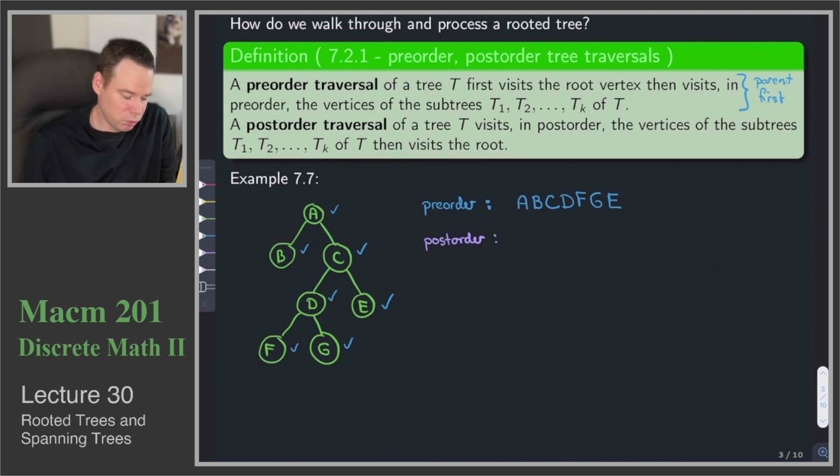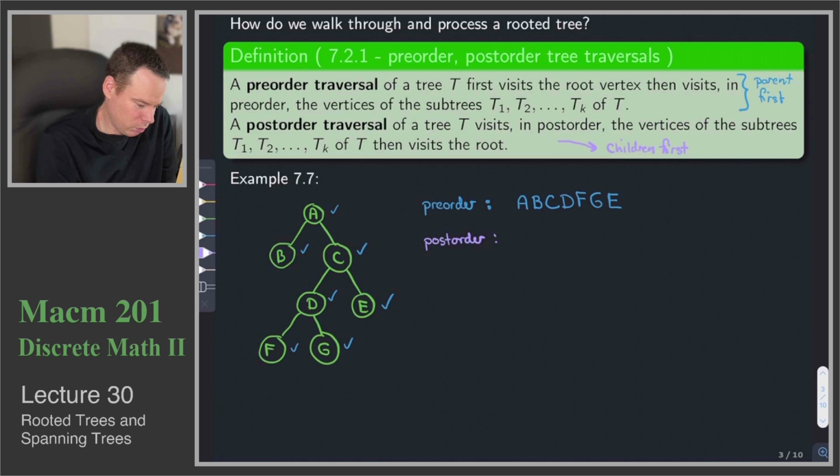So that means it's a children first approach. So in this case, this is a children first. Kind of like how you would rescue people off a sinking ship. Children first, and then parents after. So postorder, children first, preorder, parents first.